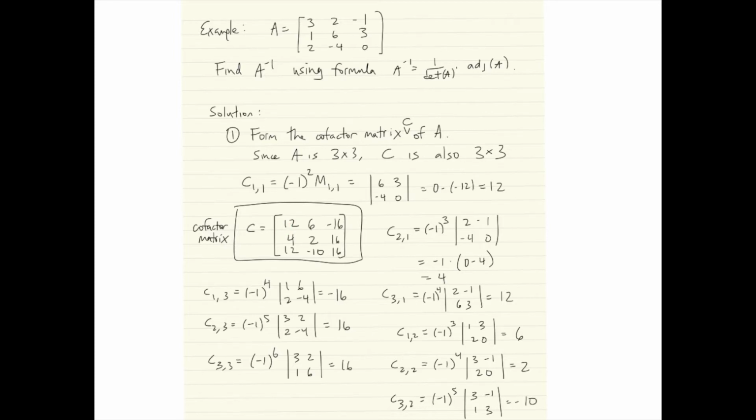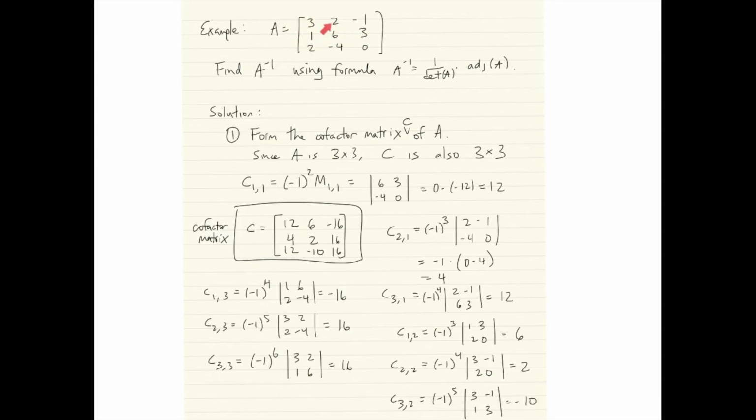Next, let's try C2,1. That means row 2, column 1, in other words, the number that should go here. I've computed it, it should be a 4, but let's see how I found this 4. You take -1 and raise it to the sum of these two numbers, so that's a 3. Then you multiply by the determinant of the matrix that remains when you start from the original matrix and delete row 2, column 1.